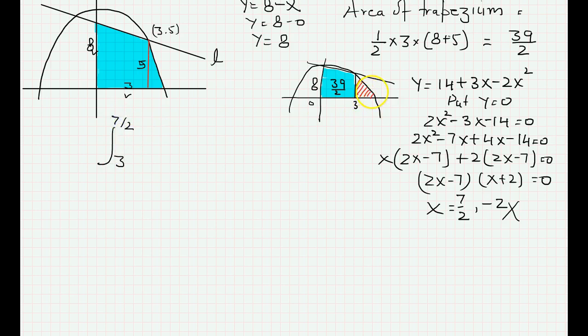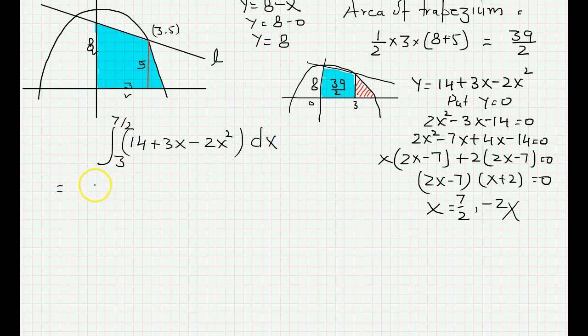and the equation of this curve is 14 plus 3x minus 2x square dx. So let's integrate it.